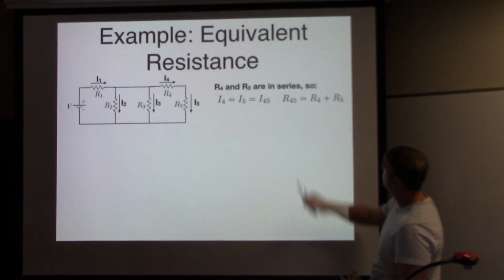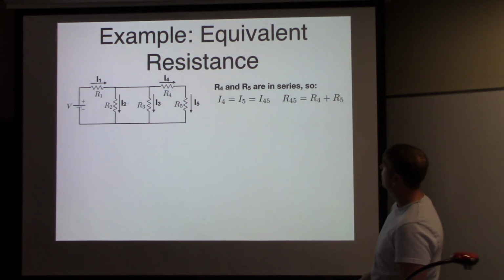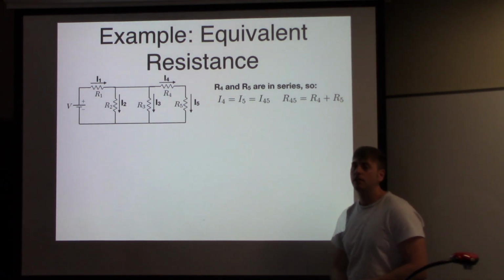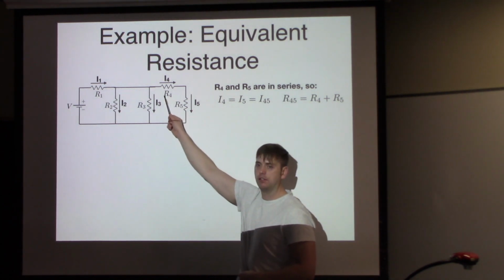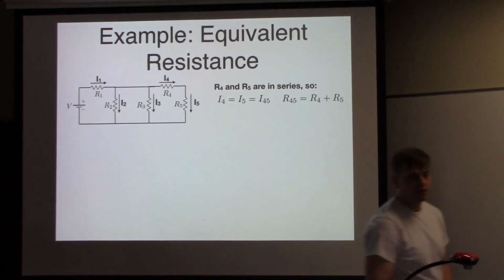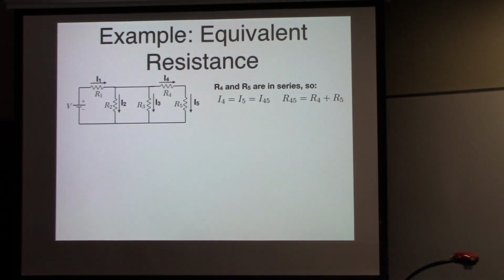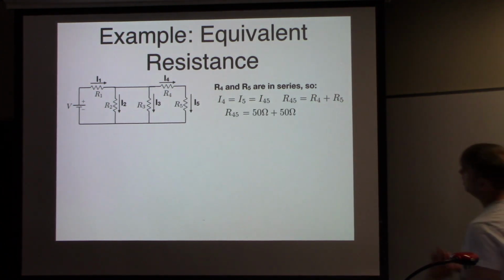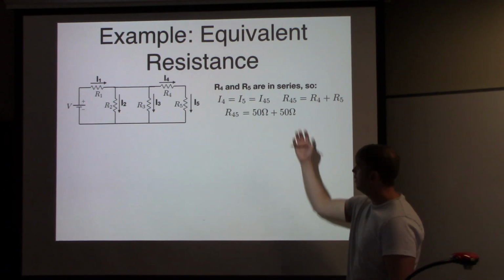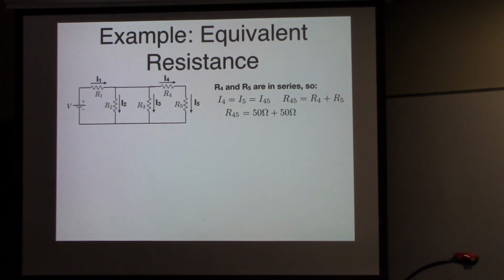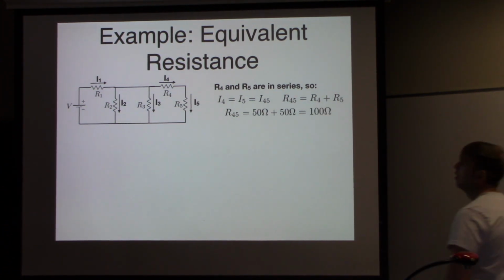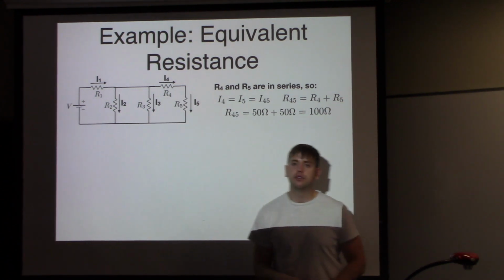And if I want to combine them as a single resistor, well, I'll call that R45. And all I have to do is add R4 and R5. Just add those together, get the equivalent resistance. So again, if we plug in the numbers, each individual R value is 50 ohms. So 50 plus 50. Effectively, you just have a 100 ohm resistor right here on the right branch of the circuit.